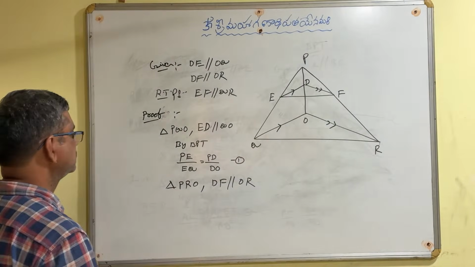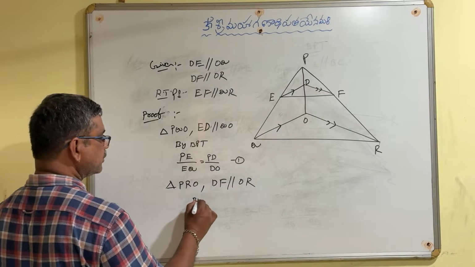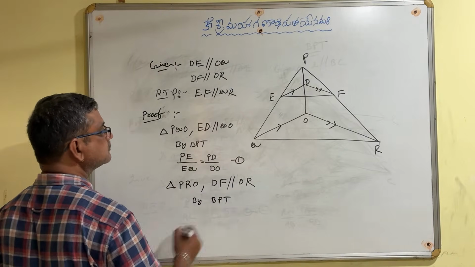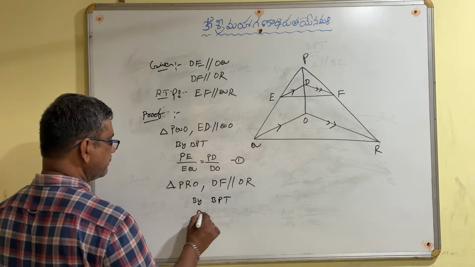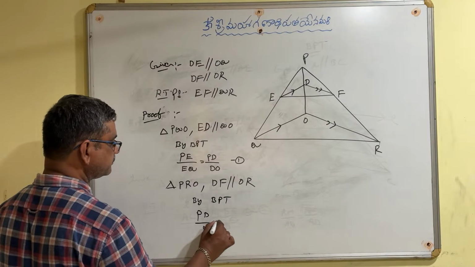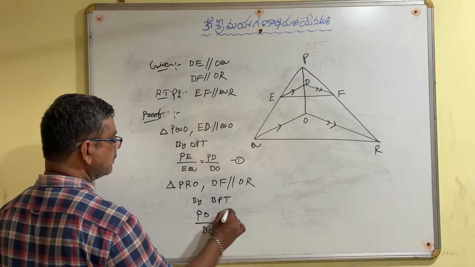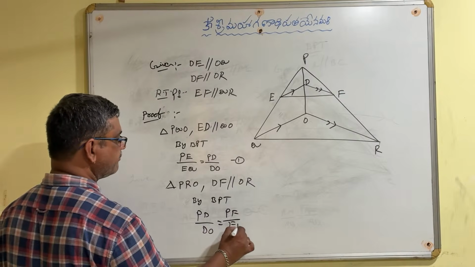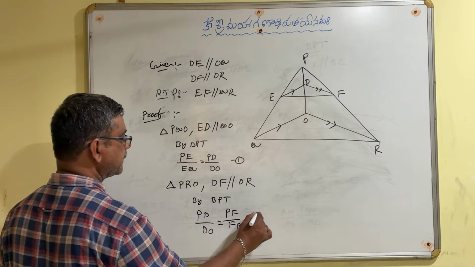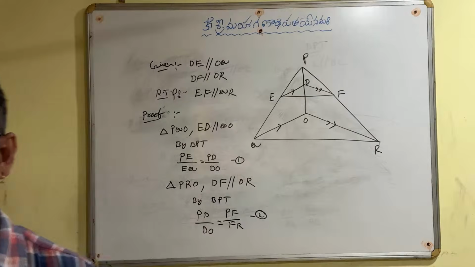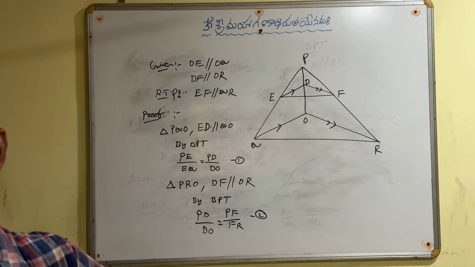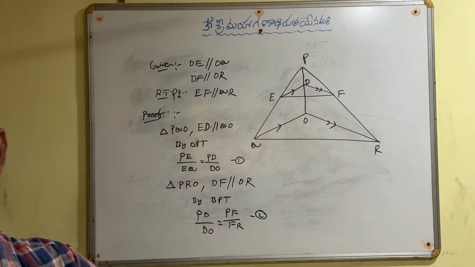Now by the basic proportionality theorem, PD by DO is equal to PF by FR.